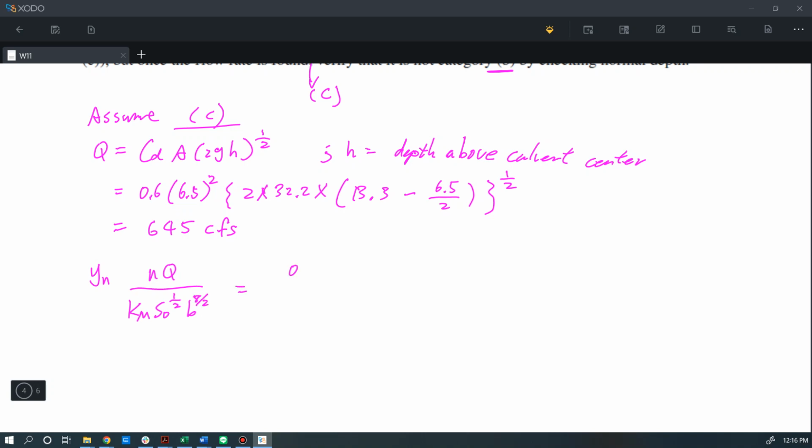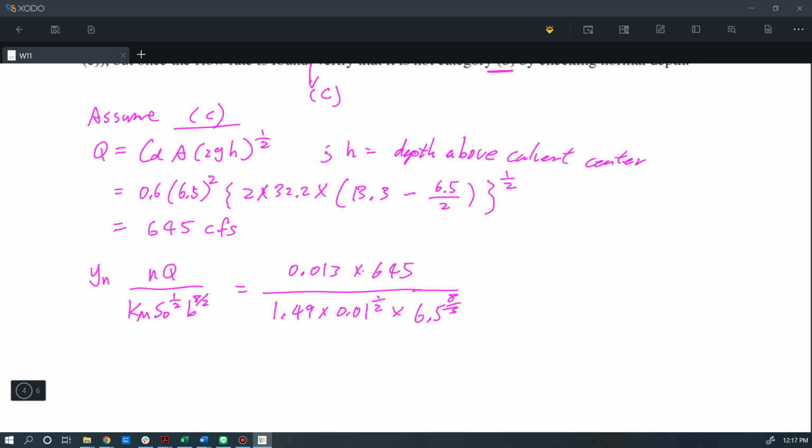This is equal to 0.013 for the concrete times 645 divided by Kn times the slope, which is 1%, so it's 0.01 to the power of 1/2, times b, the width of the channel or the pipe, and in this case it's 6.5 feet to the power of 8/3.